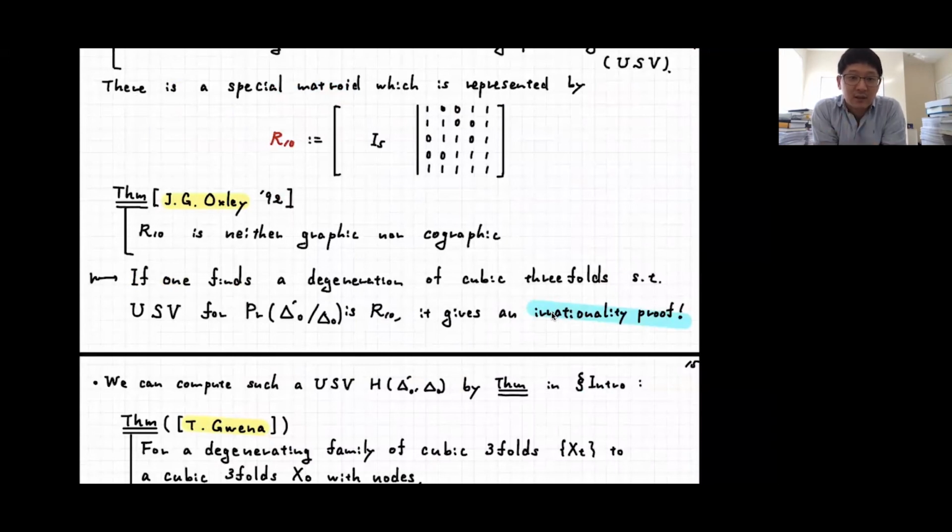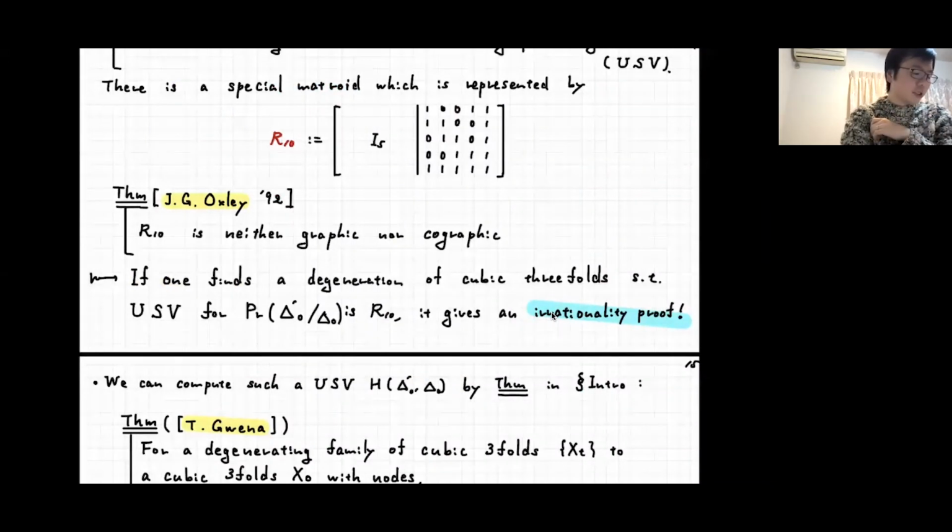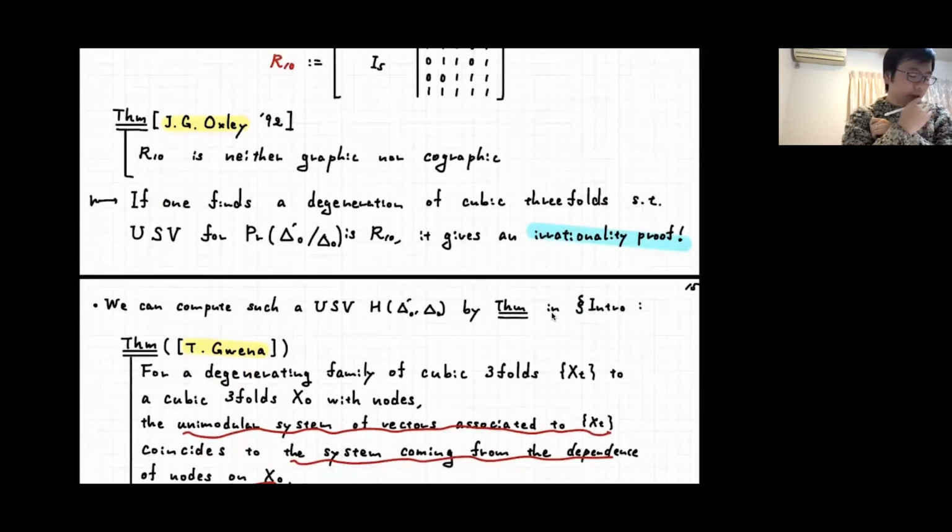But is there any other configuration that also gives irrationality? In Gwena's paper, I'm sorry, I do not know whether she or he, all of the cases of the degeneration of nodal cubic threefolds are observed, from 1 to 10 cases.